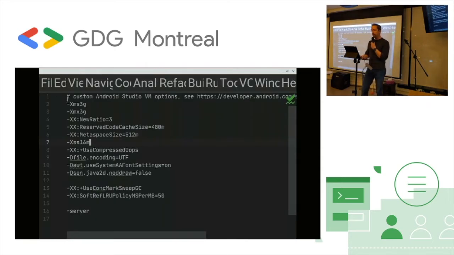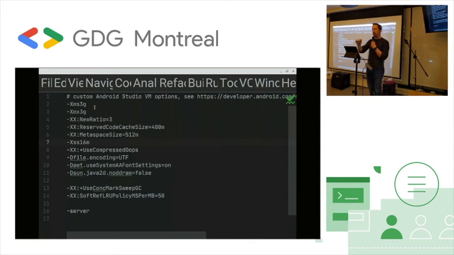Usually that file is empty except for the comment line at the top. So there's a bunch of stuff in there. I'm not going to go through all of them. The second one is to give at least 3 gig of memory to Android Studio. The first one is a special one just for me.